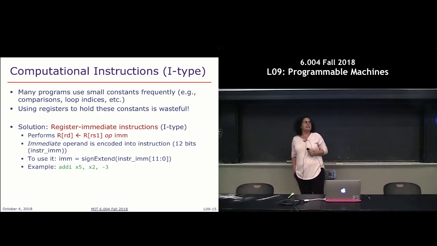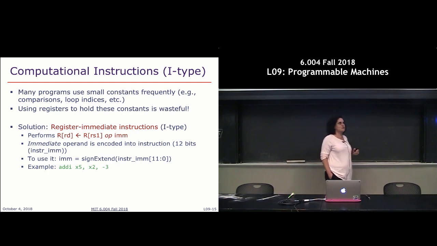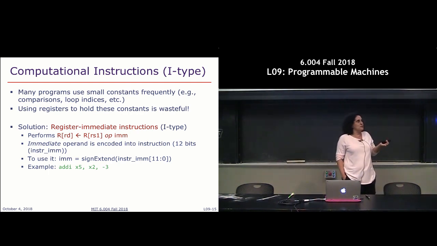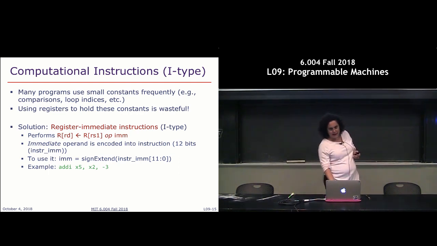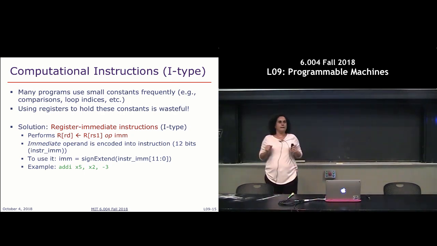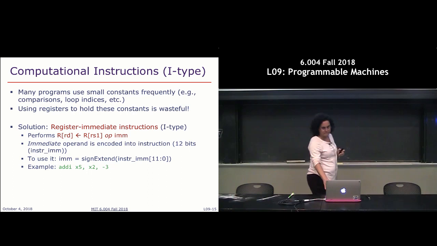Exactly. So I don't need a subtract because I can just make my immediate be a negative value since it's already treated as a 2's complement number. Okay? So if we go back for a second to understanding how we interpret this immediate, we're going to take the 12 bits that are encoded into our instruction and sign extend them. So you can represent both positive and negative numbers as long as they fit within a 12-bit encoding.